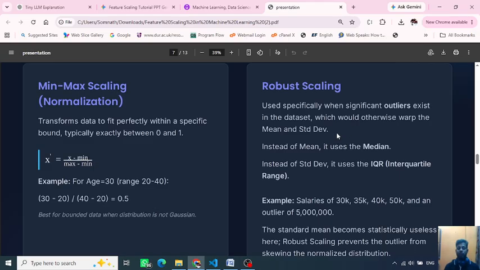Now there is robust scaling. It is used specifically when significant outliers exist. That means if the data has outliers, certain big values present, which would otherwise warp the mean and standard deviation. Instead of the mean, it uses the median.